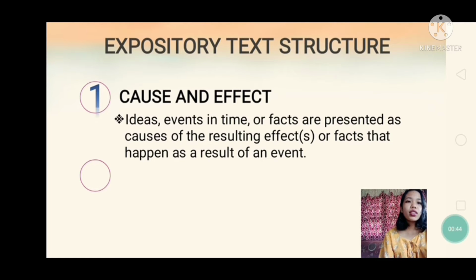An example of this is the T-table. When we give an example, we identify the cause in a story, just like in Cinderella: what is the cause of why Cinderella became poor? It's because her father died and married a stepmother and stepsisters who are wicked.